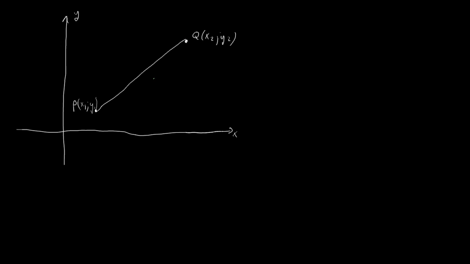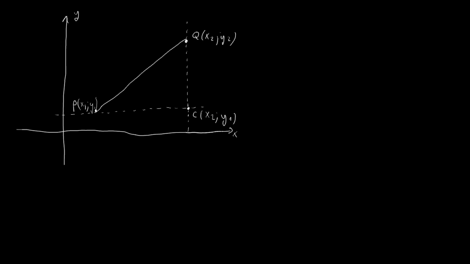Now I draw a parallel line with the y-axis through Q, and I draw another parallel with the x-axis through P point. So now I've got a new point called C with the coordinate pair of x2 and y1.